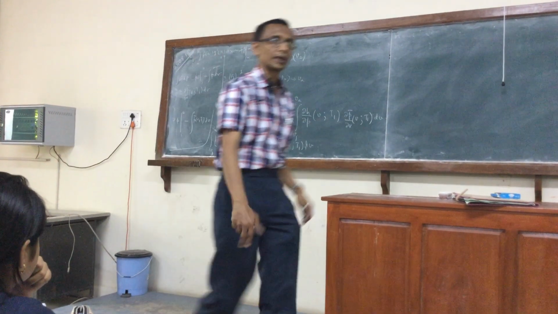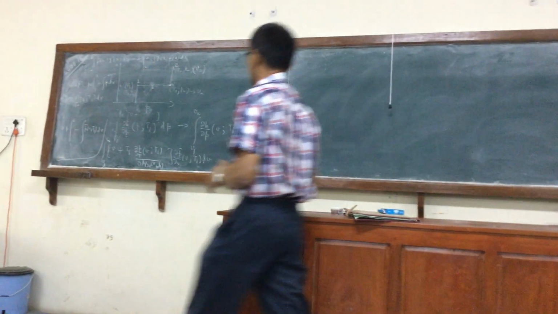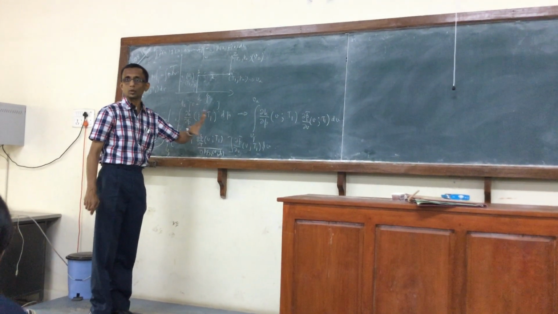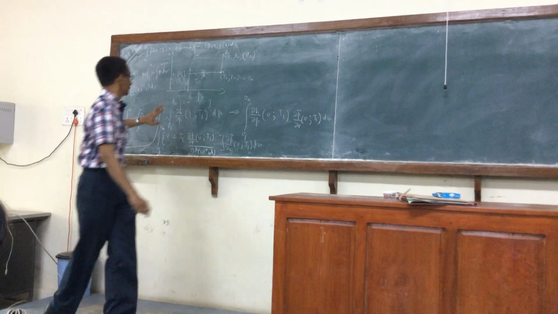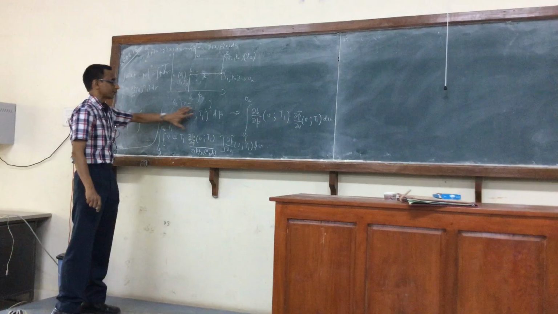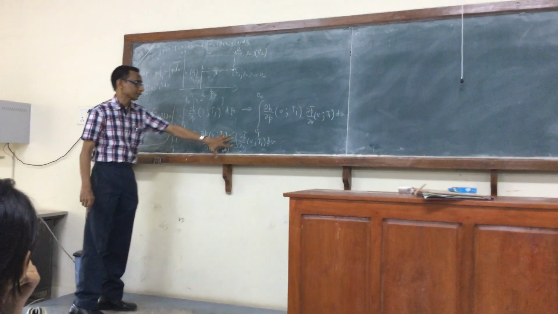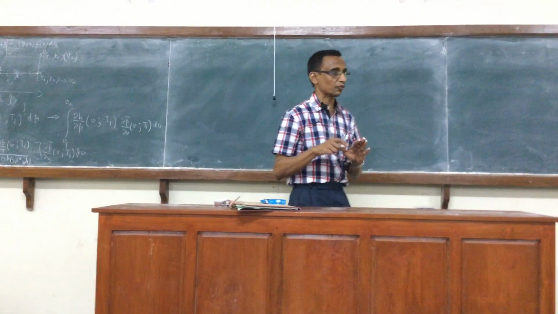Whichever version of the integration by parts you use, I would say this is better, because we once and for all convert this to an integral over V and then implement whatever we have. The way I did it last time, it appeared like we have to handle that one separately in the P domain as an integral over P, and then handle this separately. That's not really required. So I make a transformation once and for all.